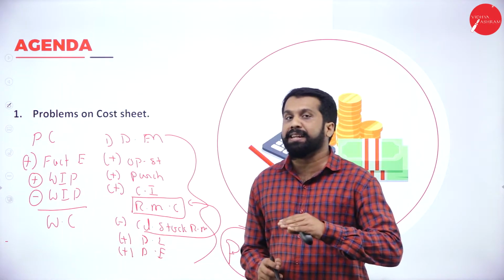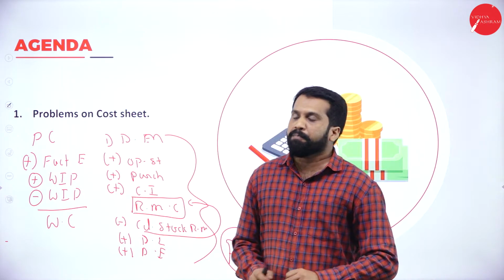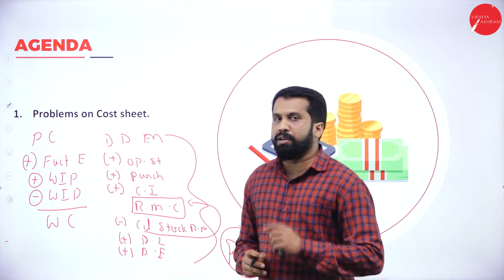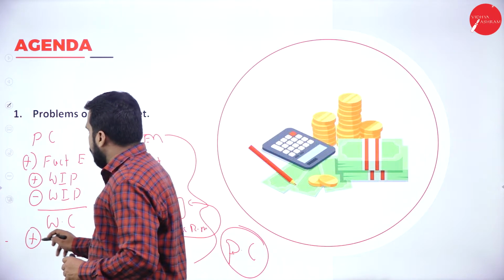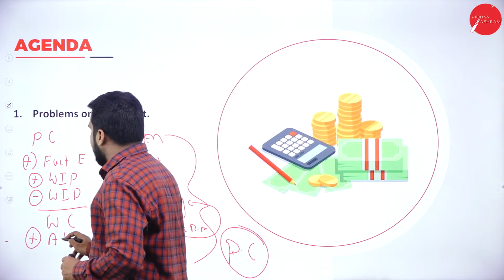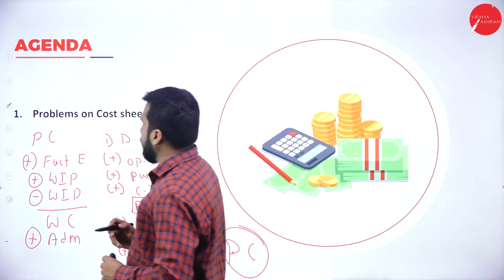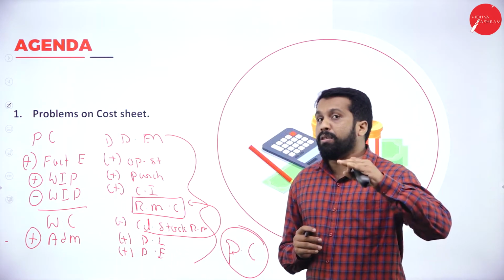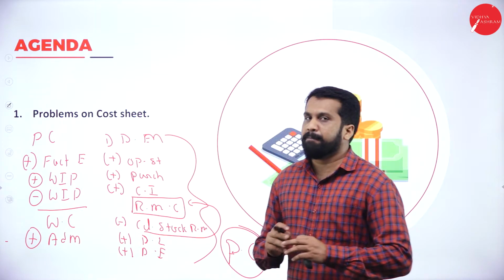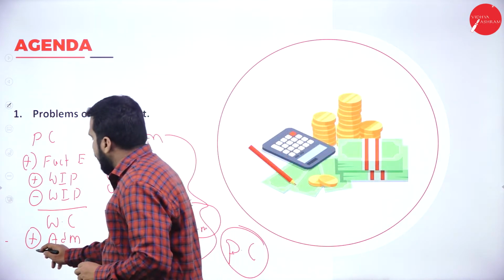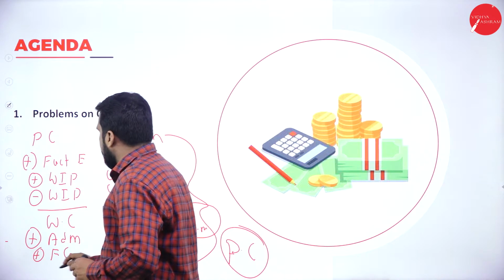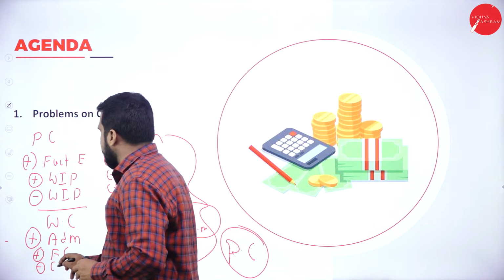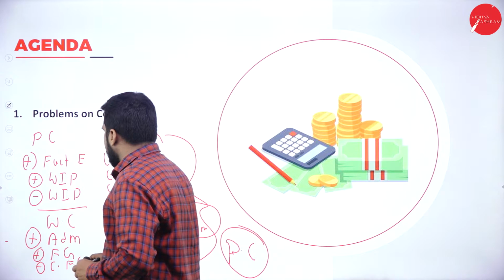This is your second step. Once you got your work cost, you will add all office and administration overhead, all the office expenses. For that, add opening stock of finished goods minus closing stock of finished goods.